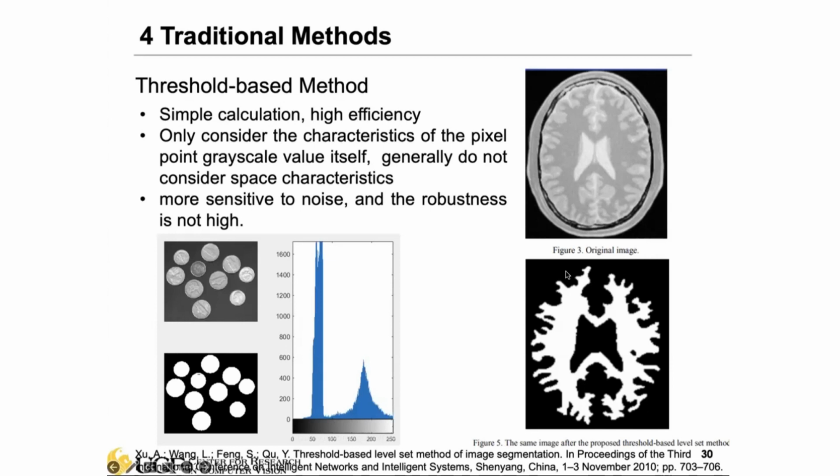So you can see the capability of this threshold-based method is very limited, but for some simple cases, this may work decently. This is obviously a very simple approach we can try.